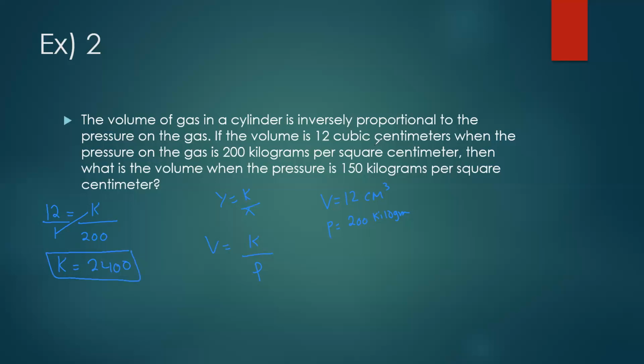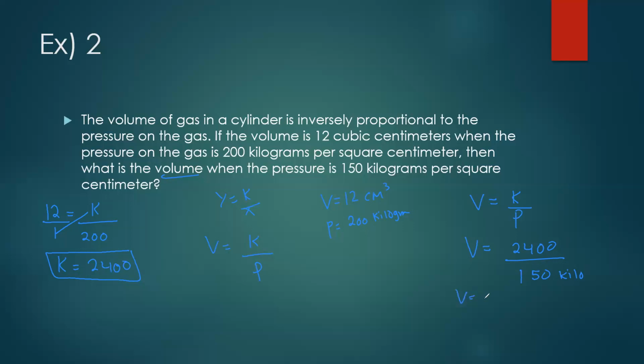Okay, so we're going to use the same exact equation, V equals k over P. Then they're asking what is the volume, so we have to solve for V. V equals, and we can replace k with 2400, and then my pressure is 150 kilograms. You could put your units. We know the volume is going to be centimeters cubed.